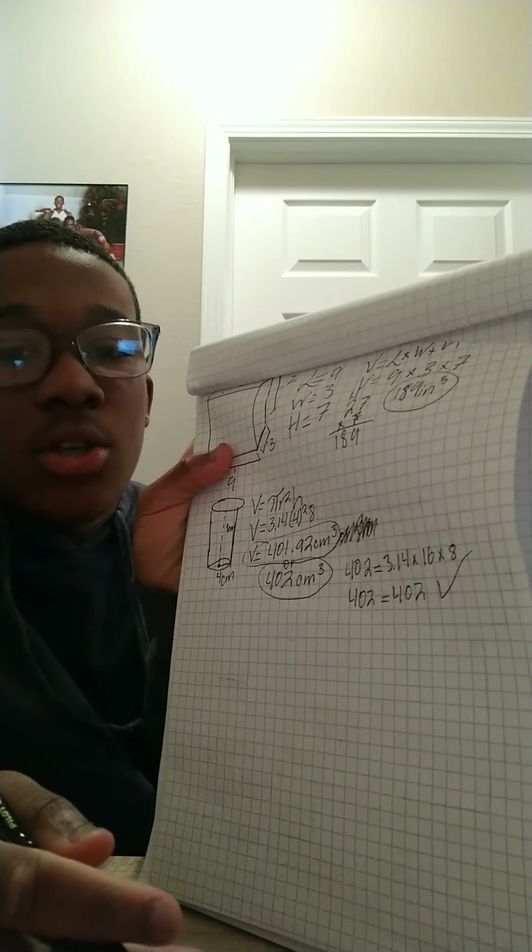And obviously you're going to get this in a decimal form because you're multiplying by pi. But if you were to round it, which we did to the nearest whole number, you're going to get 402 centimeters cubed. And 402 equals 402, and that's check. So you always check your answer afterwards, only because you never know if you're wrong.